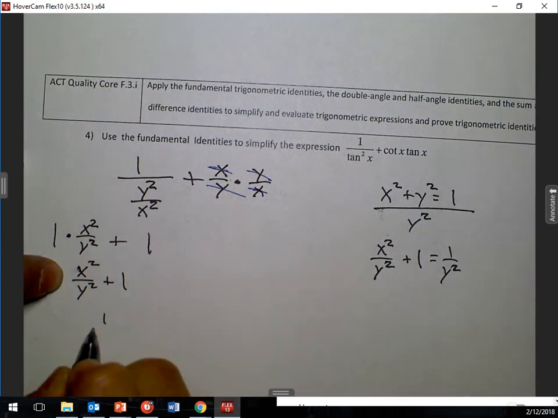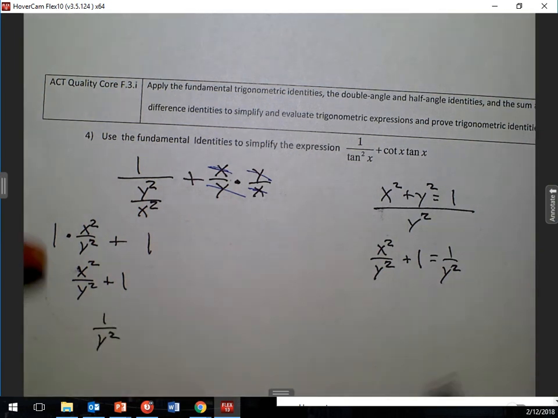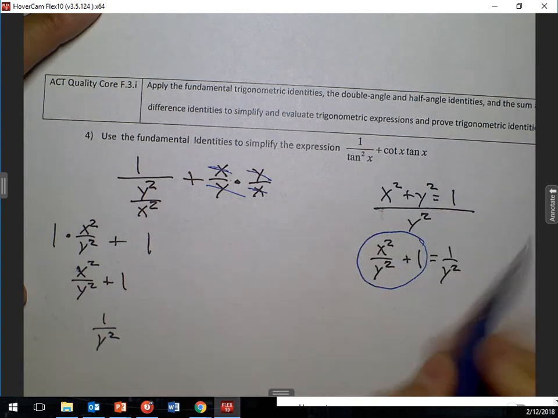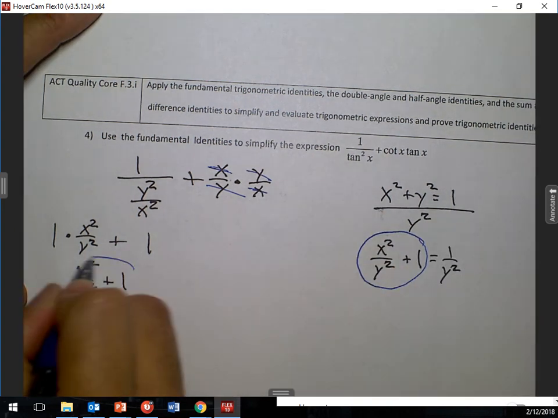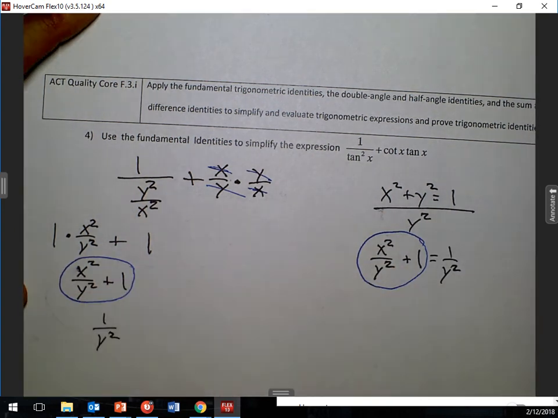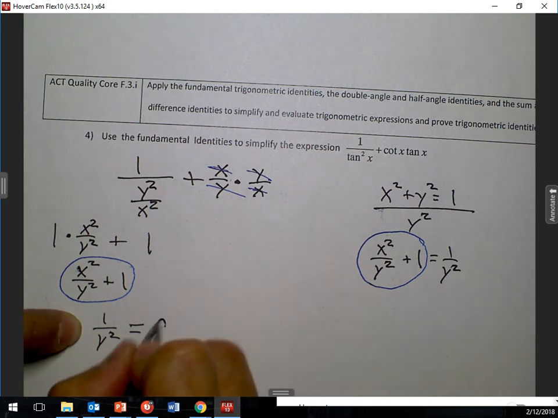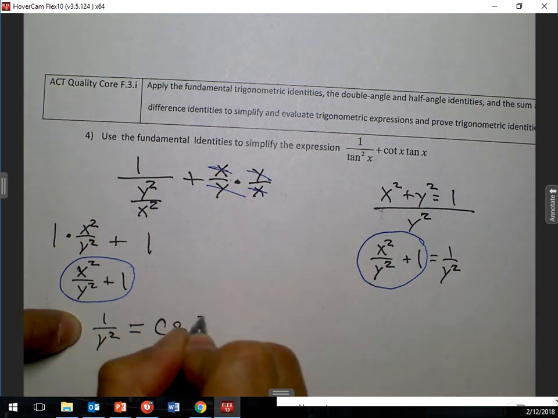All of that equals that, and I have all of that right here, don't I? So this turns into, let's translate it back into trig, cosecant squared. It's going to be csc squared.